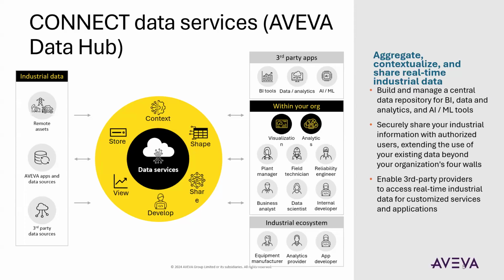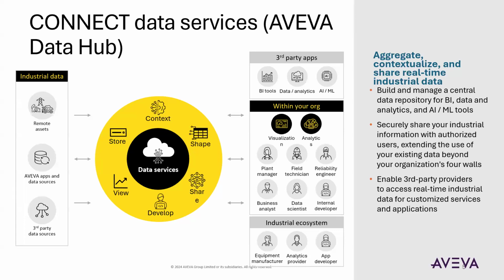These include remote industrial IoT type sensors. That's the remote assets category at the top. We also have support for various Aveva apps, such as Aveva Historian, Aveva InTouch, Aveva PI, even System Platform, and also Edge Data Store. But you can also bring in data from third-party data sources if needed, right?